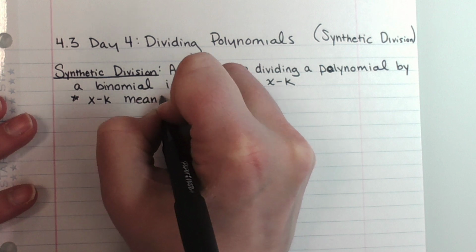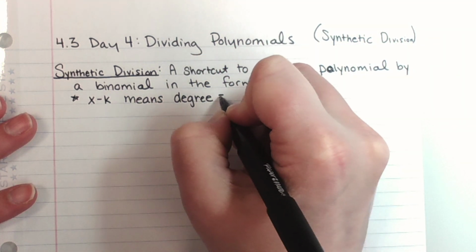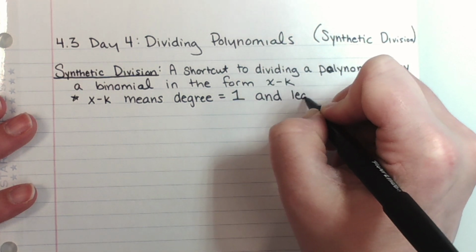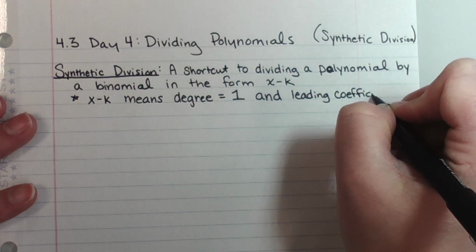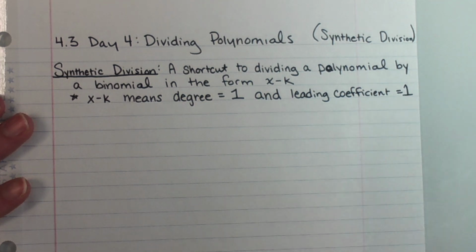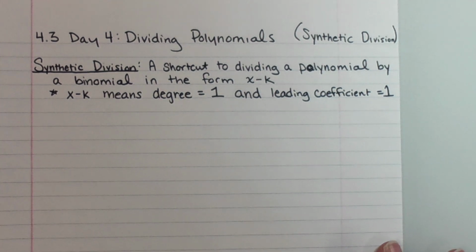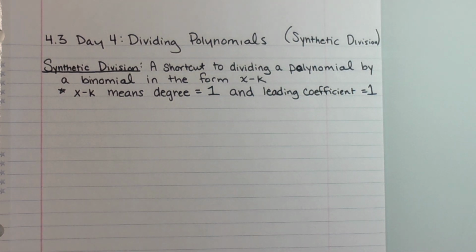It means the degree of what you're dividing by is equal to 1, and the leading coefficient of what you're dividing by is equal to 1. You cannot have a number in front of the x, you cannot have an exponent, and it must have only the one term. It's got to be, or sorry, 2 terms. It's got to be a binomial.